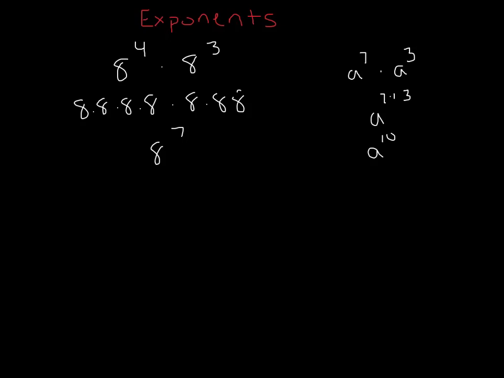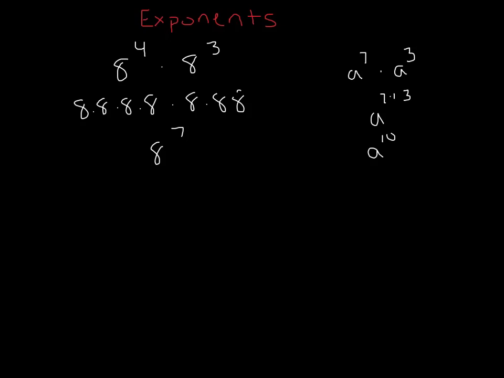So multiplying, I know it sounds kind of weird, but when you're multiplying with bases that are the same, all you have to do is add the exponents. Now, if multiplying is adding the exponents, dividing is going to be subtracting the exponents.